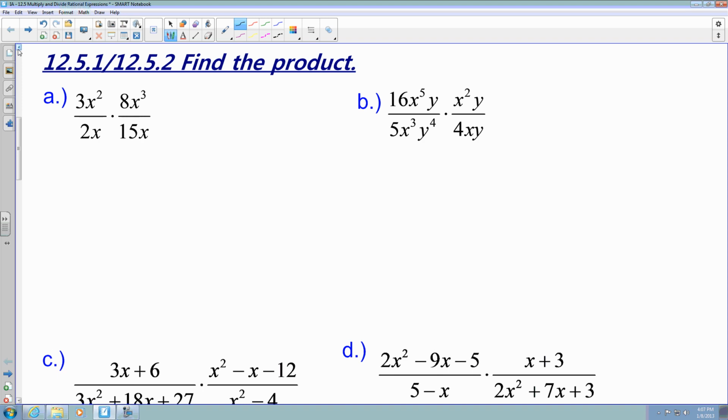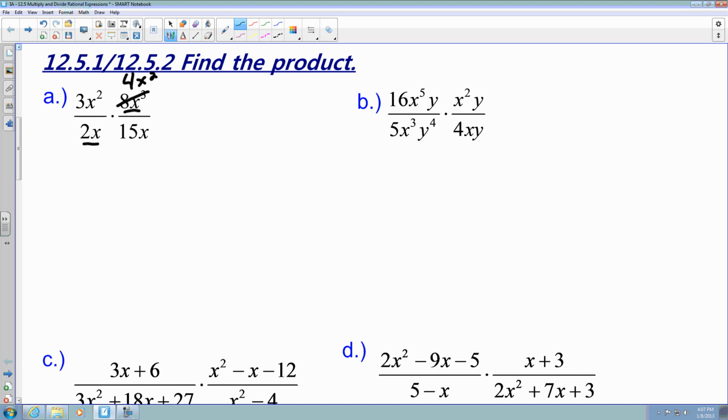If I look at my 8x cubed and my 2x, I can divide both of those by 2x. If I cross this out and take 8x cubed divided by 2x, that leaves me with 4x squared.